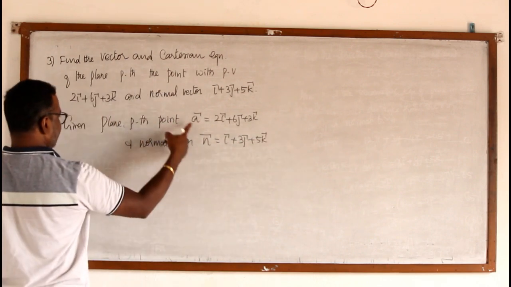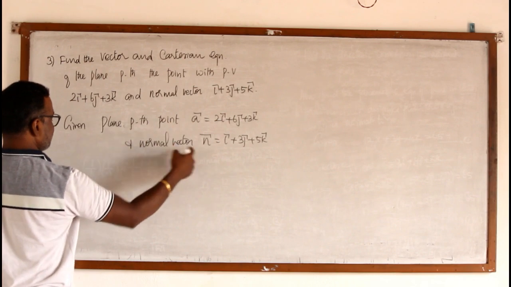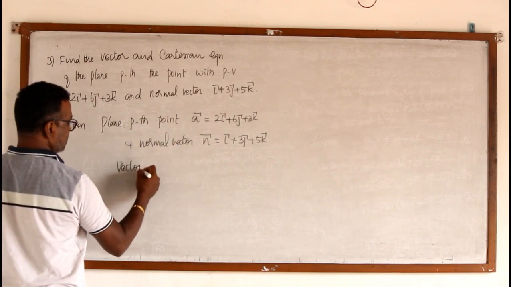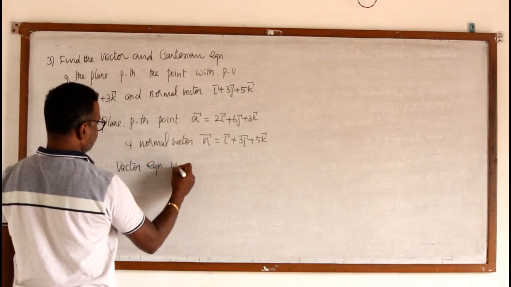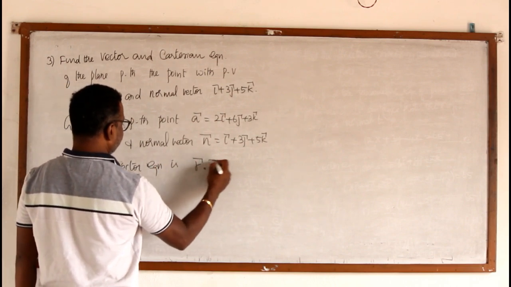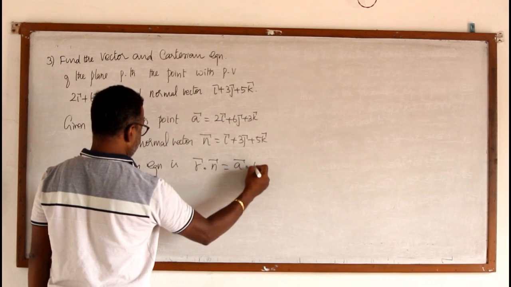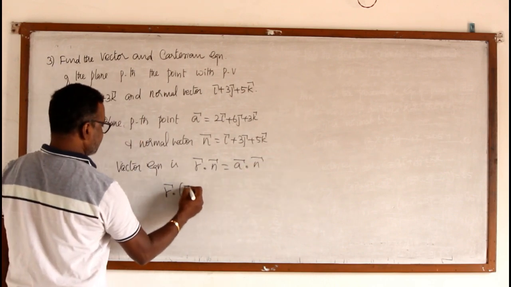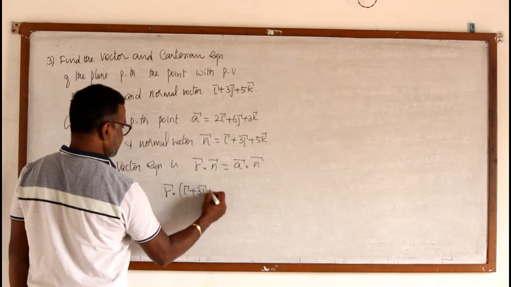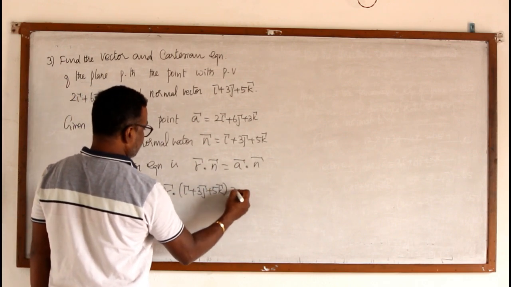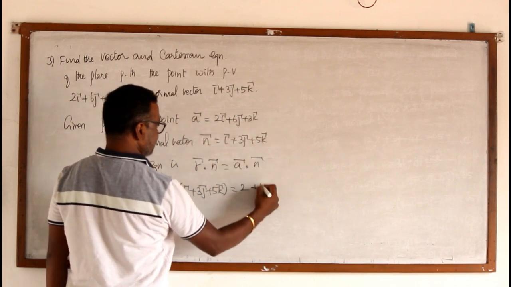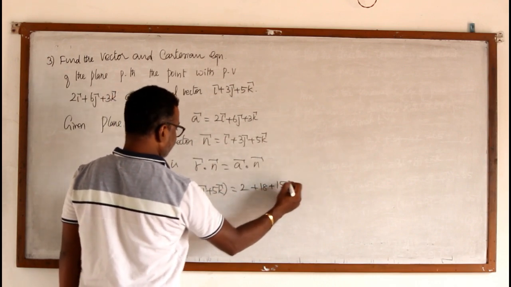When a point and a normal vector are given, the vector equation of the plane is r dot n vector equal to a dot n vector. So r dot (i + 3j + 5k), and then a dot n: 2 ones are 2, 6 threes are 18, 3 fives are 15.